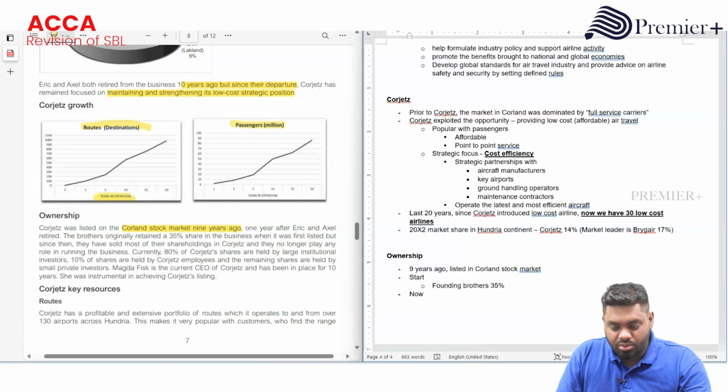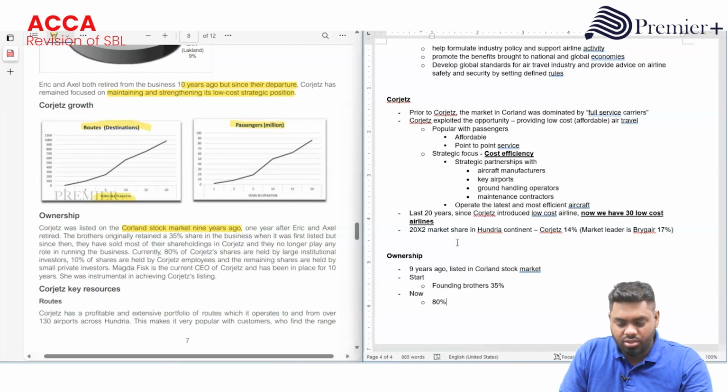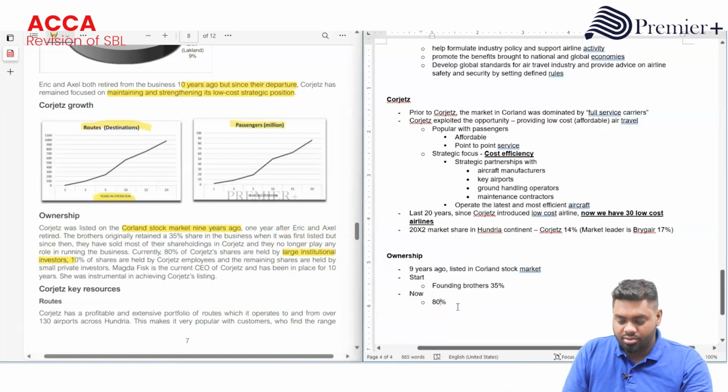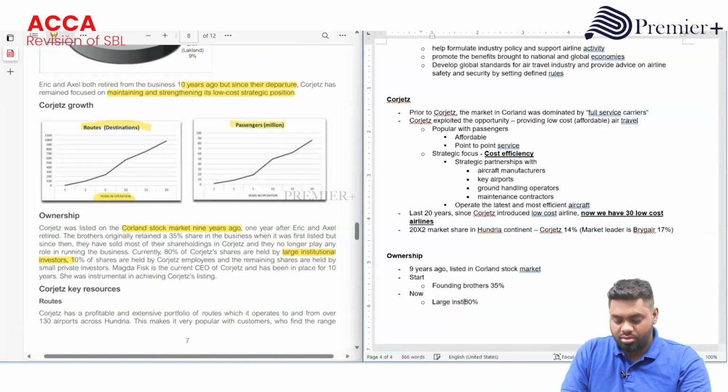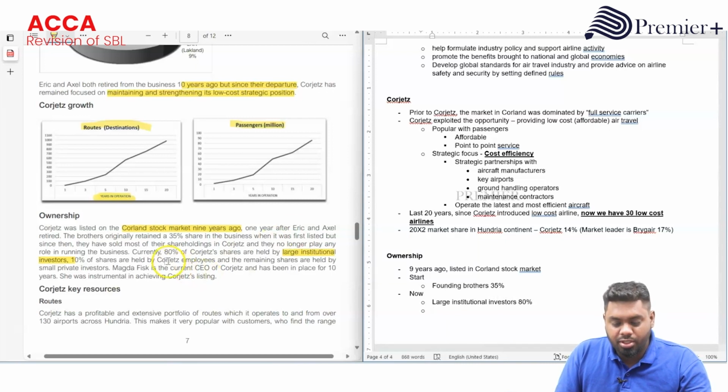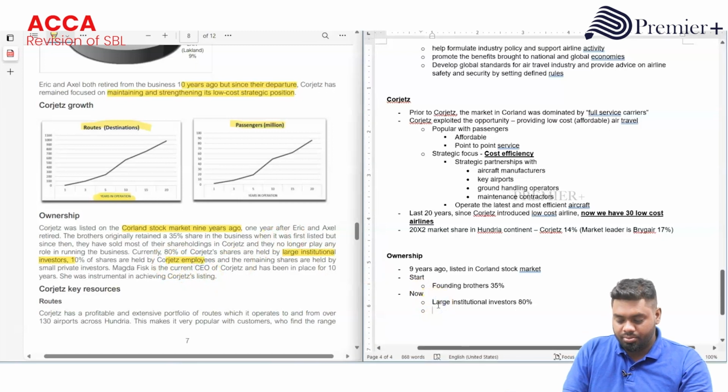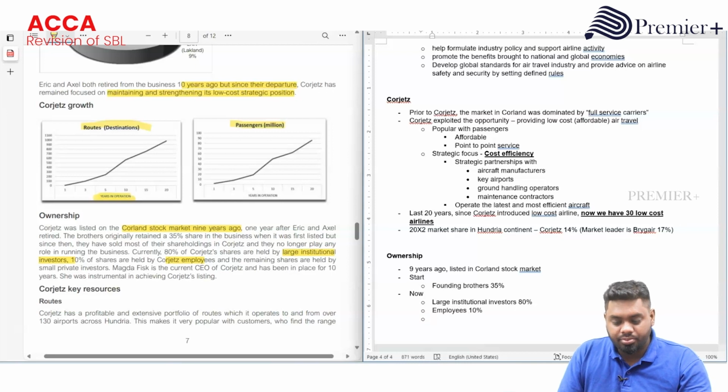Okay, now 80% of Courgettes shares are held by large institutional investors. 10% are held by Courgettes employees. The remaining shares are held by small private investors.